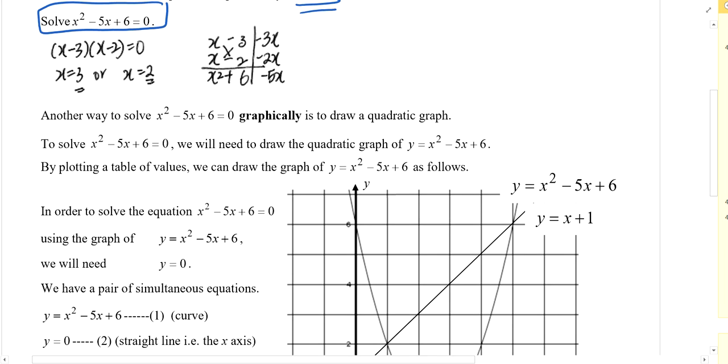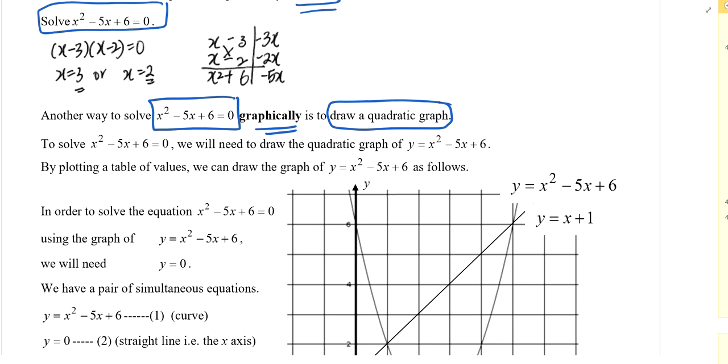Another way to solve this same equation is to do it graphically by drawing a quadratic graph. However, drawing a graph requires at least two variables, x and y. We cannot draw a graph of x squared minus 5x plus 6 equals 0 because you don't get a table of values.